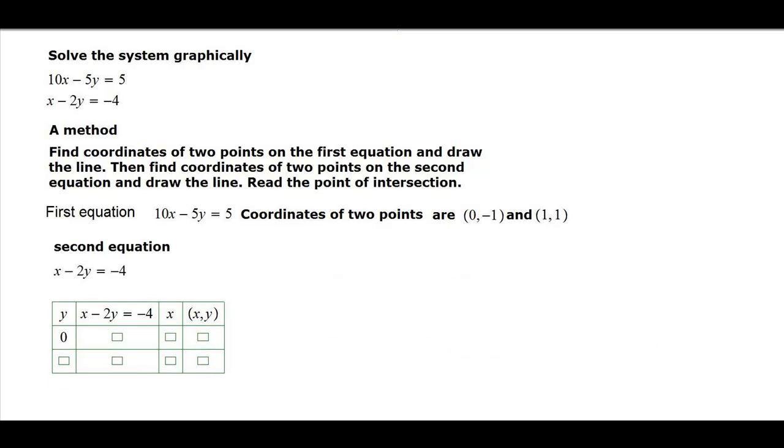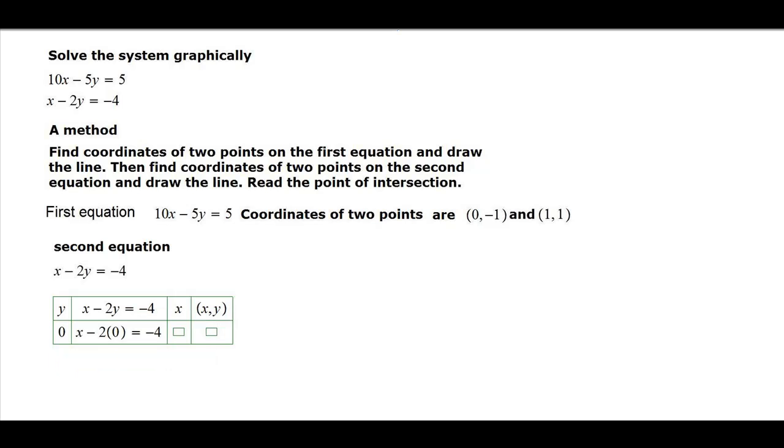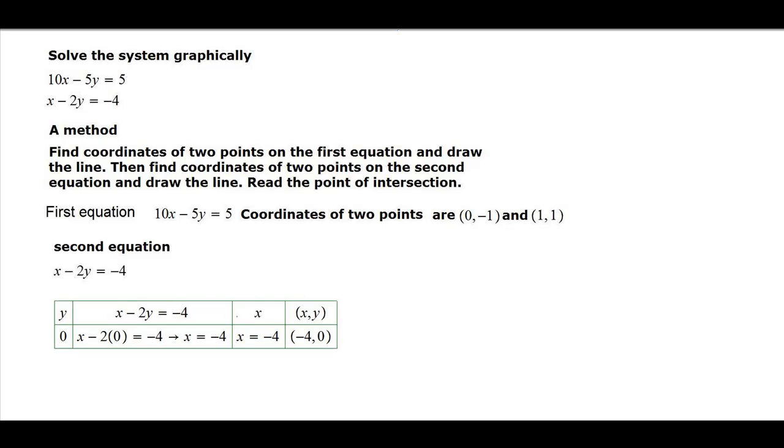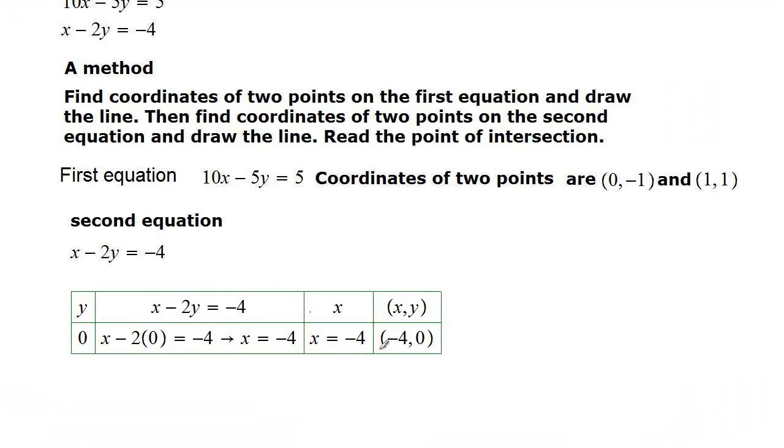Let's set y equals 0, an easy enough value to substitute. So we get this here, that is set y equals 0, which gives us x equals negative 4, and that determines negative 4 and 0 as coordinates of a point on this line.